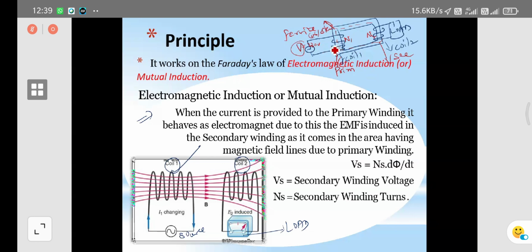For the magnetic domain, it is called magnetomotive force, which tends to drive the flux to the other circuit.